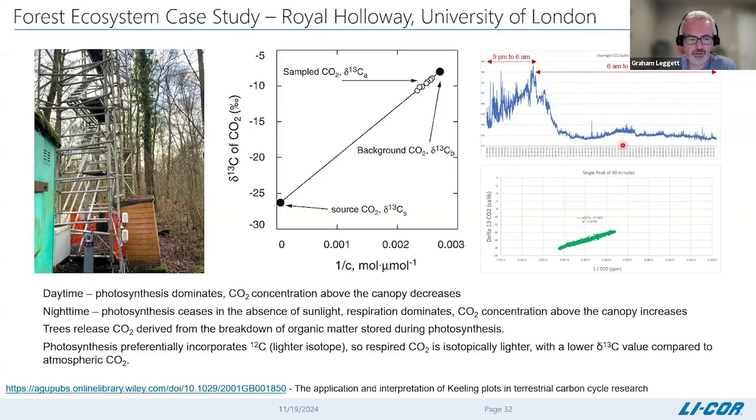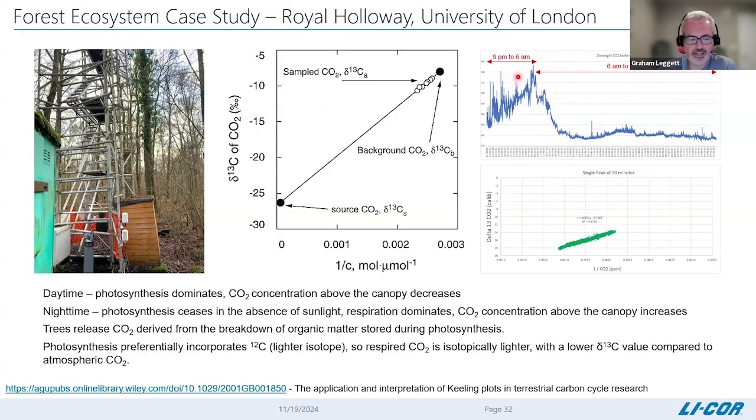Then during nighttime, photosynthesis ceases in the absence of sunlight, and respiration dominates. So the CO₂ concentration above the canopy increases to up to about 560 ppm. Trees release CO₂ derived from the breakdown of organic matter stored during photosynthesis.